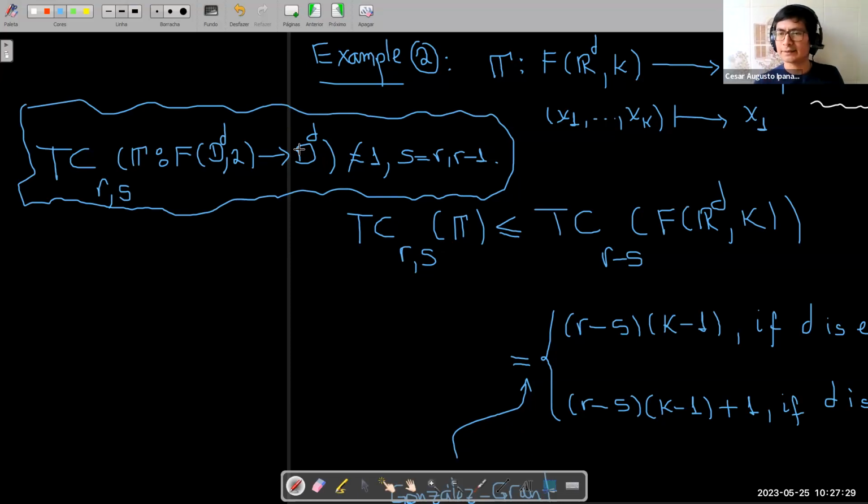So in this particular case, it is hard to compare that situation, only thinking in this case of r and r minus 1, and the projection over the first coordinate. But I do not have a complete answer as to whether there exists a natural connection with the parameterized Farber-Rudyak, or more generally for the Farber-Rudyak case.